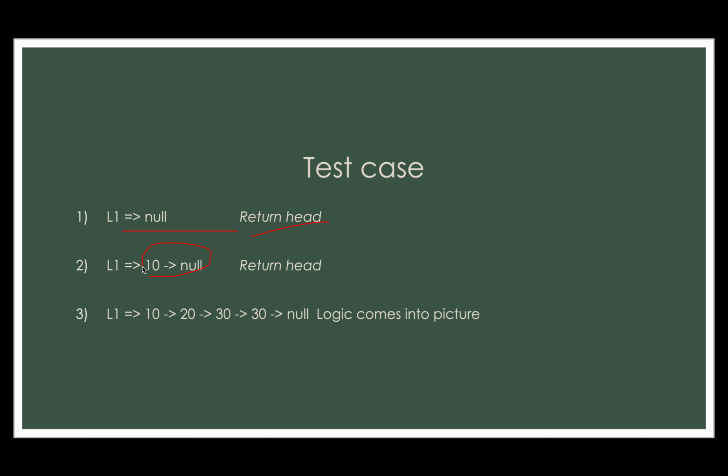You return head upfront because you don't need to do any manipulation whenever there is no element or one element in the linked list. The manipulation logic comes only when there are multiple elements in the linked list, as in case 3. So this can be a return early case where there is one element or no element.